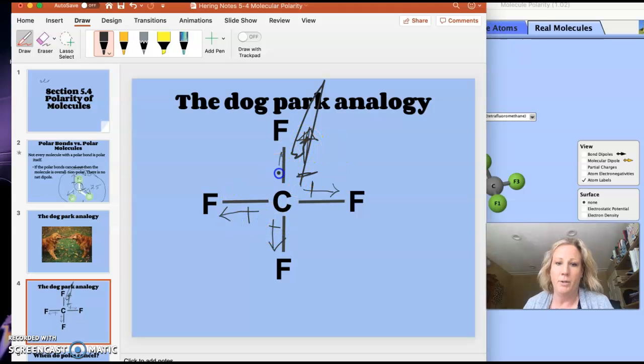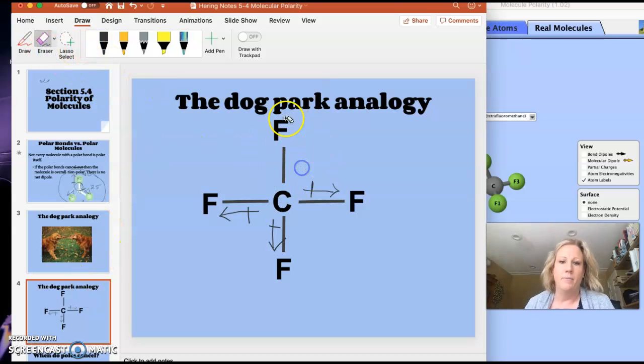In my dog park analogy, the carbon is the dog toy, and we have 4 dogs. They're all pretty big dogs, and they're all pulling equally, so the toy doesn't go anywhere. There is no accumulation of charge.